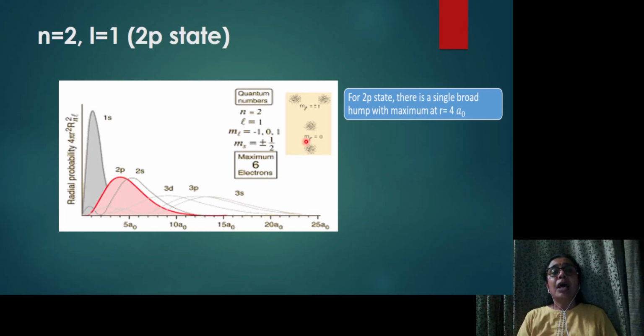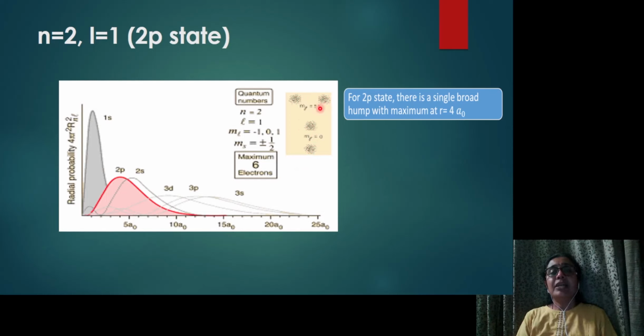because there are three values of ml, that is ml equal to 0 and ml equal to plus minus 1, a two-dimensional picture of electron probability density will be something like this. For ml equal to 0, for ml equal to plus minus 1.